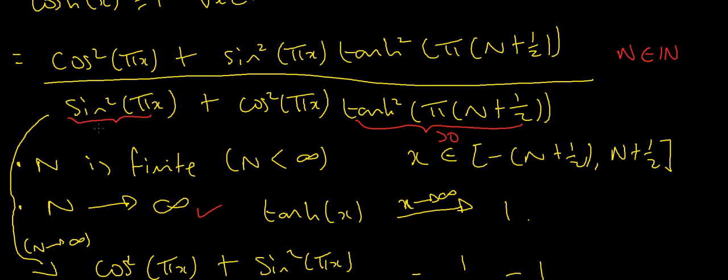So this is equal to 0 if x is equal to plus or minus 1, or plus or minus 2, and so on. And this term is equal to 0 if x is equal to plus or minus a half, or plus or minus 3 over 2. And these values don't coincide.